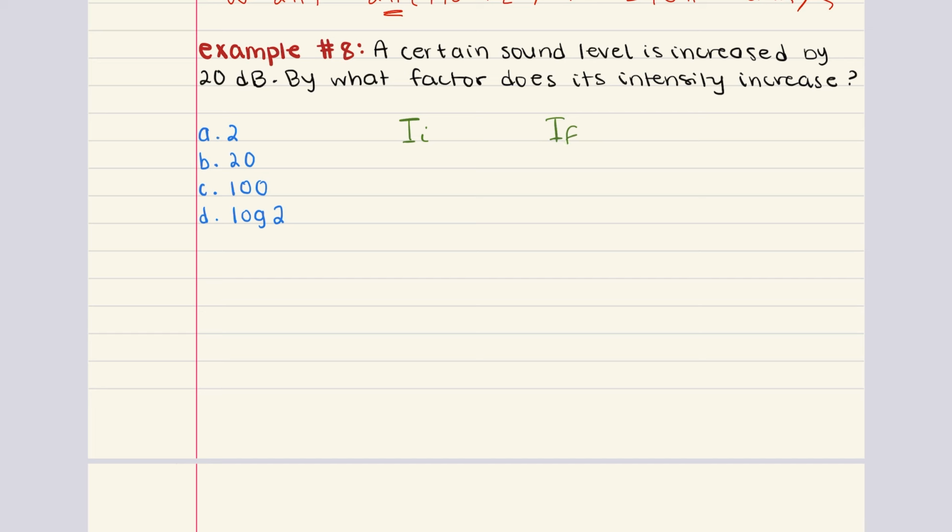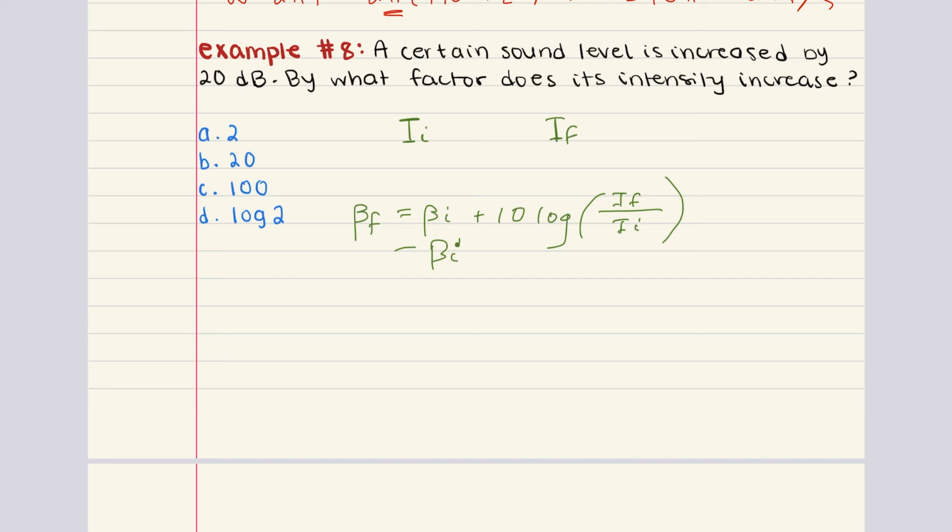Then we're going to use the equation that relates sound level to intensity to get the ratio of initial intensity to final intensity. That equation says that the final sound level is equal to the initial sound level plus 10 log of our final intensity over our initial intensity.